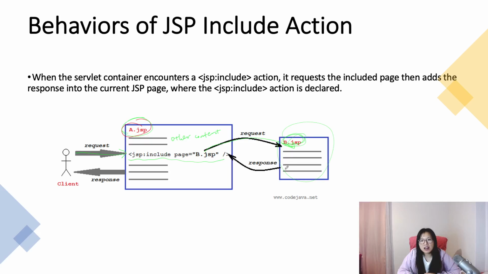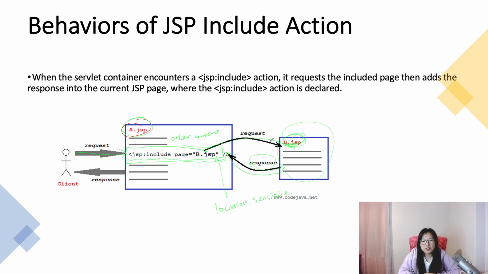Then it's gonna include the response from b.jsp into the current page, and the response is gonna be inserted where you actually declare this JSP include. So this JSP include action is actually called location sensitive.